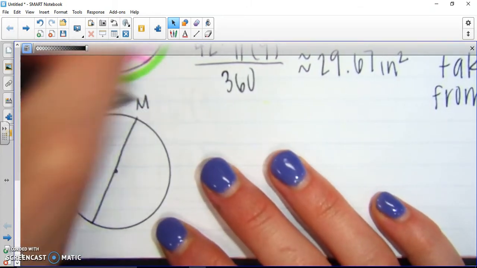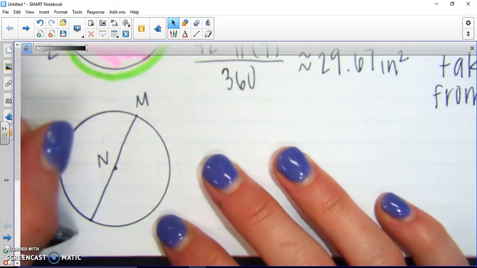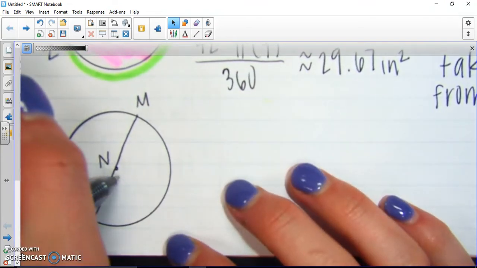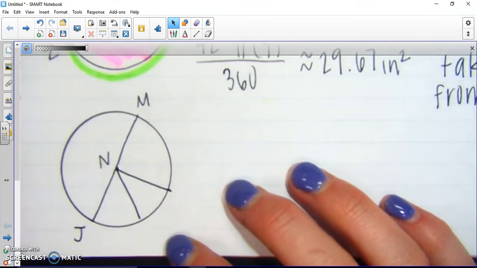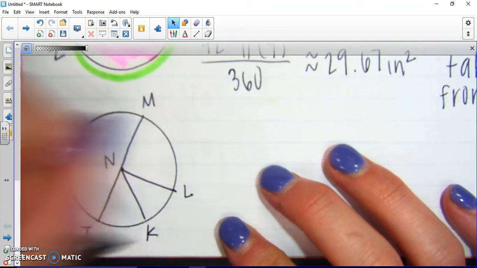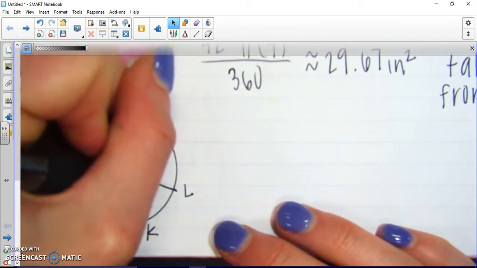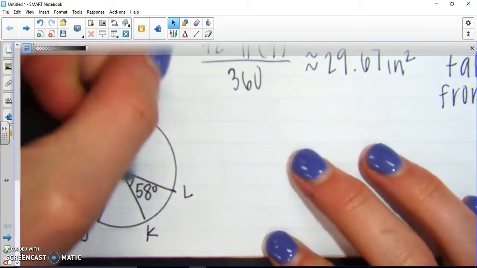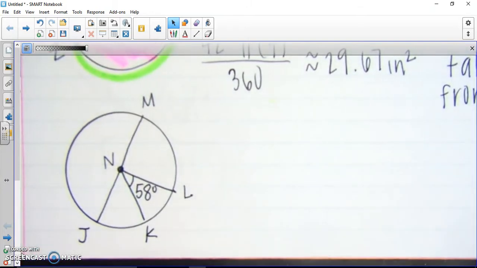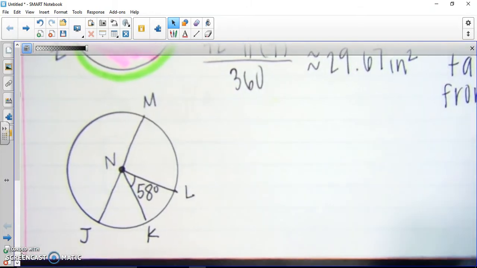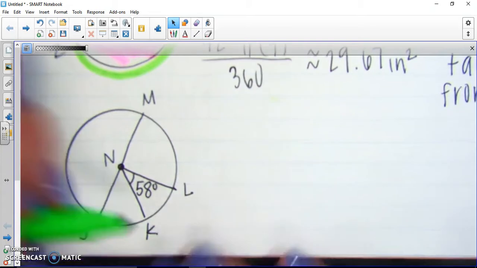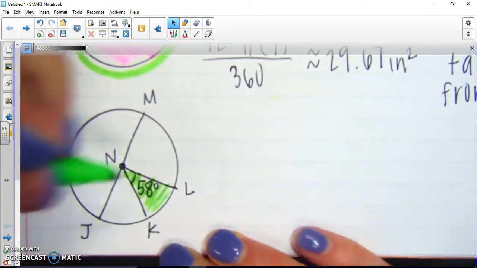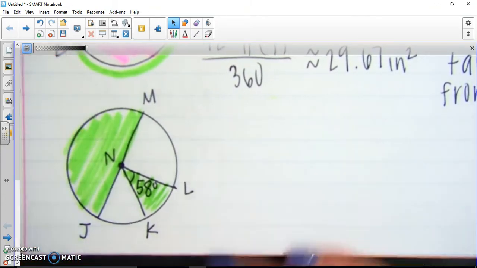Okay, so let's say that's M, N, J, and then let's call this LK. We're going to say that LK is 58 degrees. And then I'm telling you that MNJ is a diameter. Okay, and we're going to shade in these two sections. There's that, and then this entire section here.